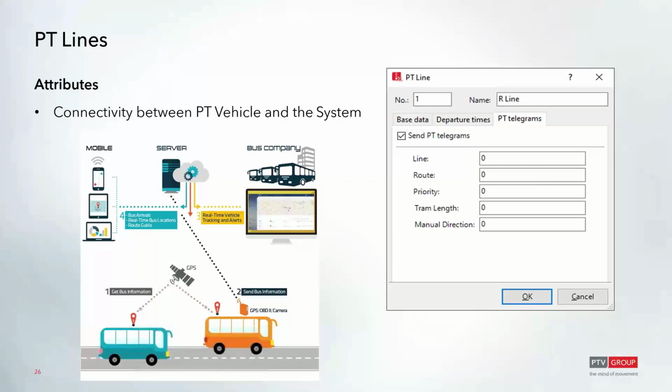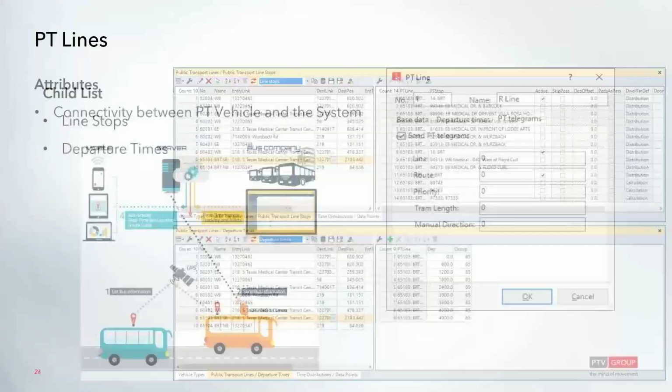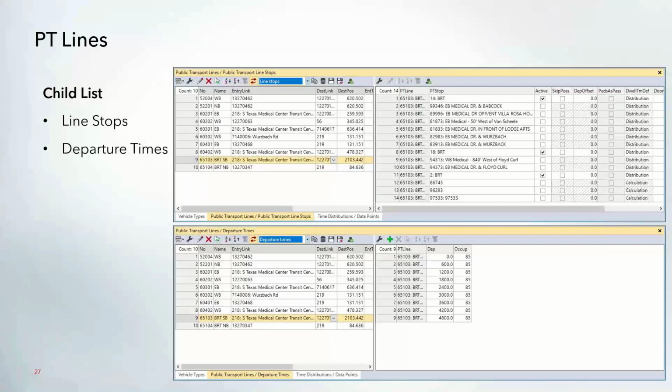But in this tab, this is where you can set up what kind of information gets transmitted. So here you can set up the line, route, priority, and vehicle length information. And again, this can be used in some external coding if you want to see information about these transit vehicles.